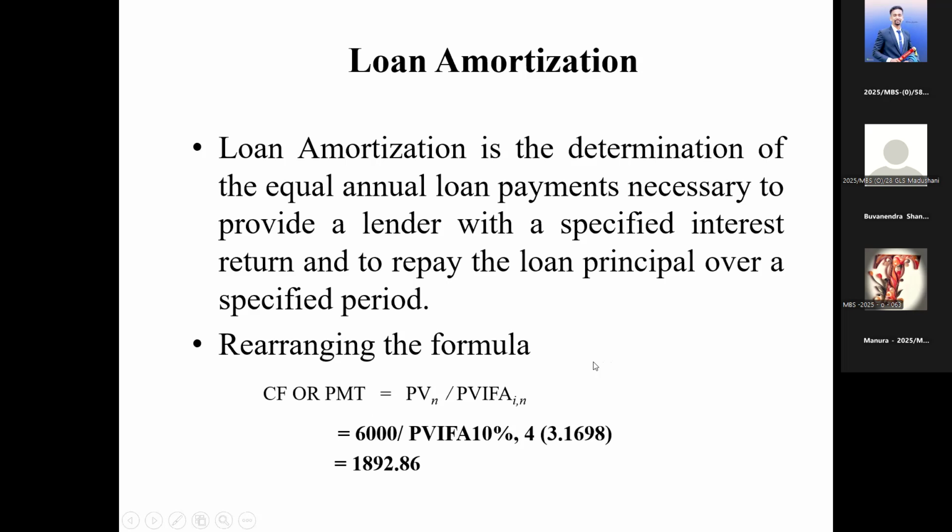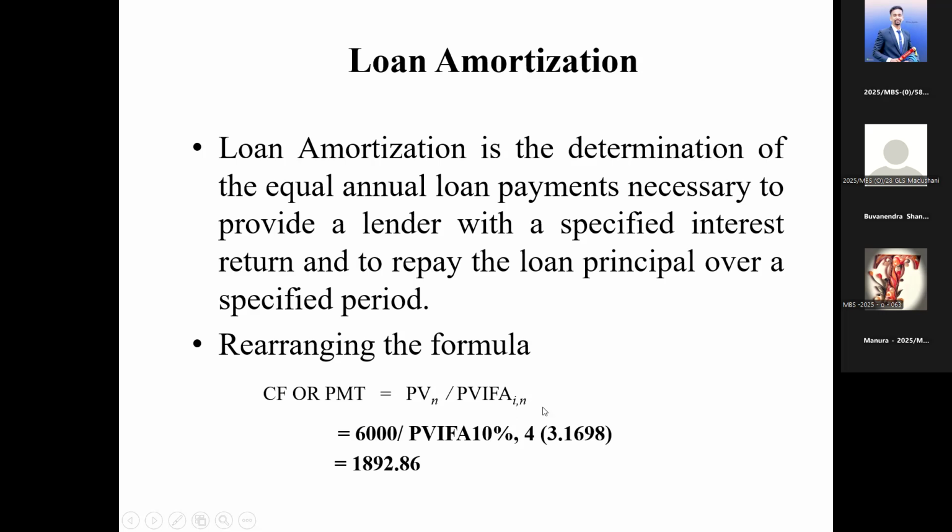If we take the example, 6,000 rupees, the payment, PMT, is your installment. That is called PMT or cash flow. It is 6,000 divided by the factor at a 10% rate of interest for only 4 years. It can be semi-annual, quarterly or monthly, but here it is considered annual. The present value ordinary annuity factor at 10% for 4 years is 3.1698.